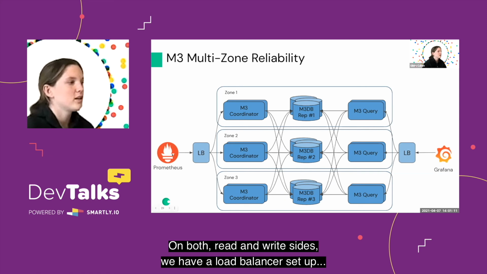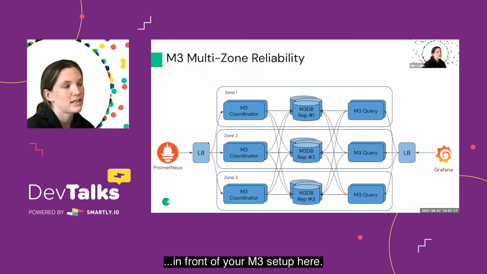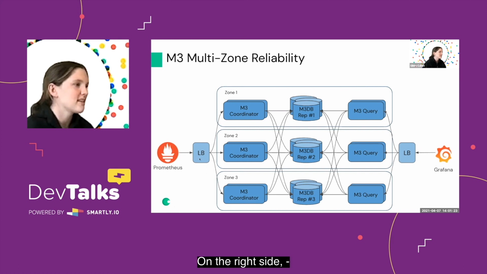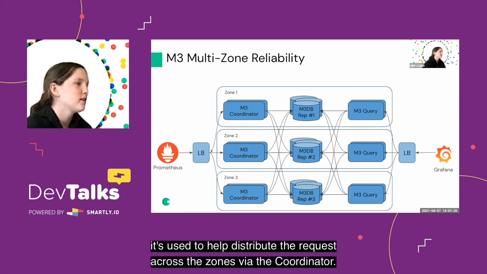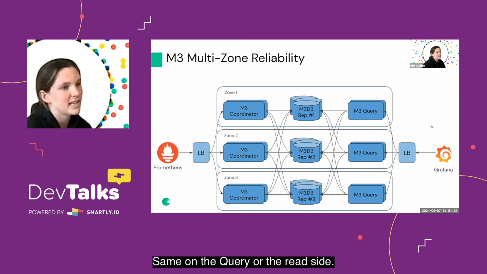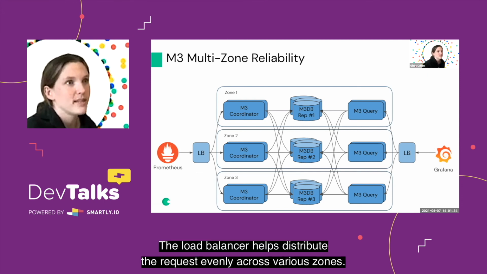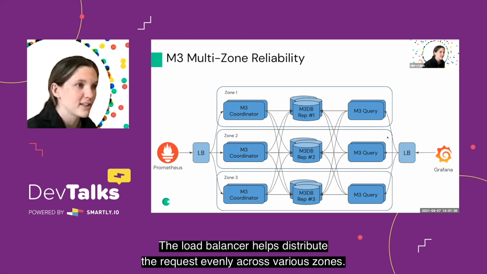On both the read and write sides, we have load balancers set up in front of your M3 setup. On the right side, it's being used to help distribute write requests coming in across the 3 zones via the coordinator, and same on the query or read side. The load balancer is being used to help distribute your query requests coming in evenly across your various zones.